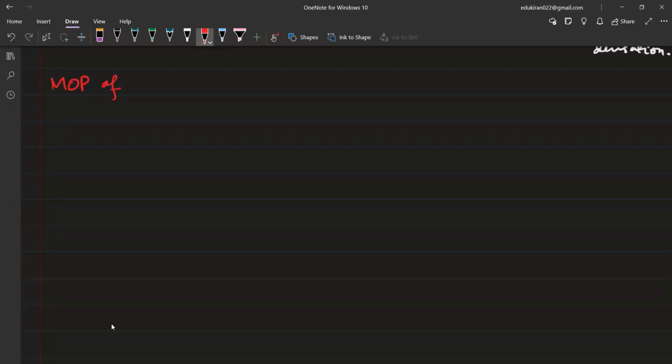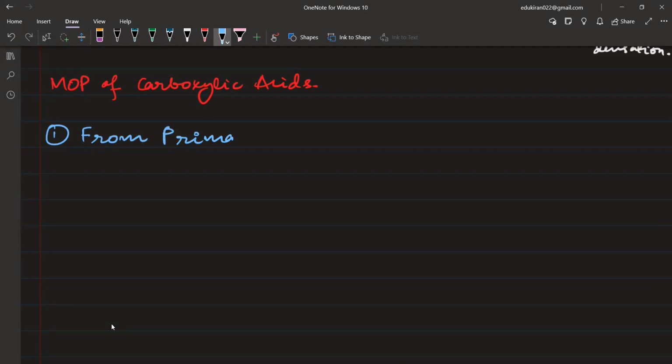Methods of preparation of carboxylic acids. Number 1, please write: from primary alcohols and aldehydes.